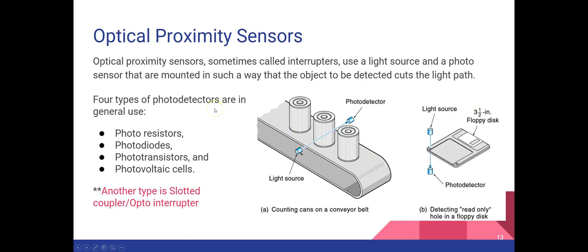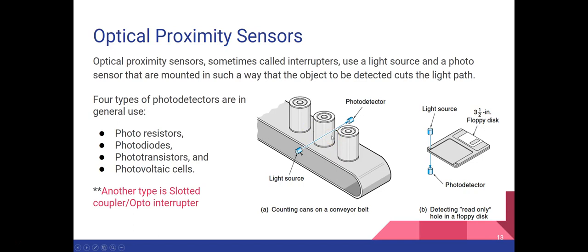In this optical proximity sensor, the light source may be modulated to give the beam a unique signature, so that the detector can distinguish between the beam and stray light. So it is designed in such a way that it can distinguish between the stray light and the beam light.